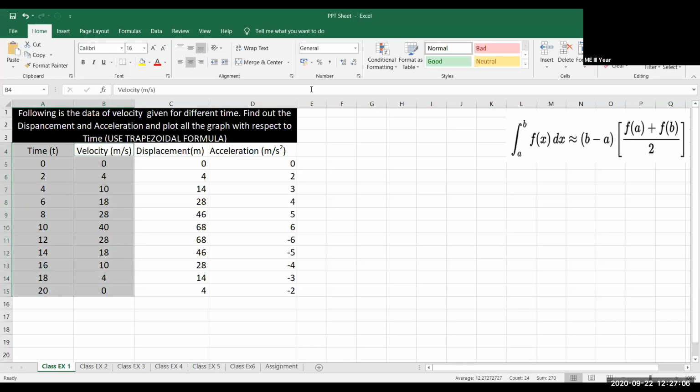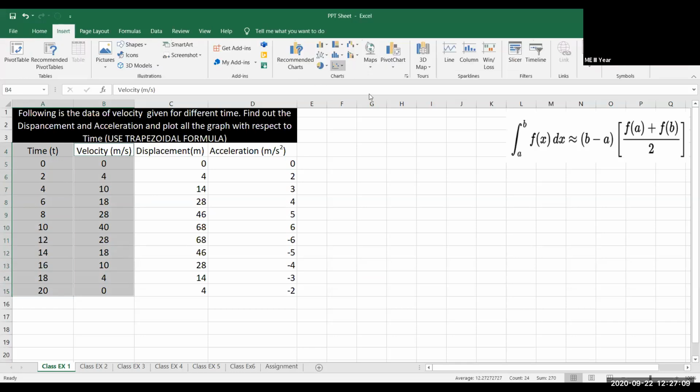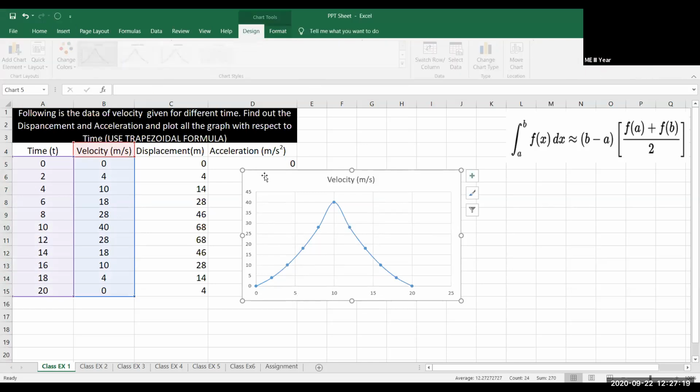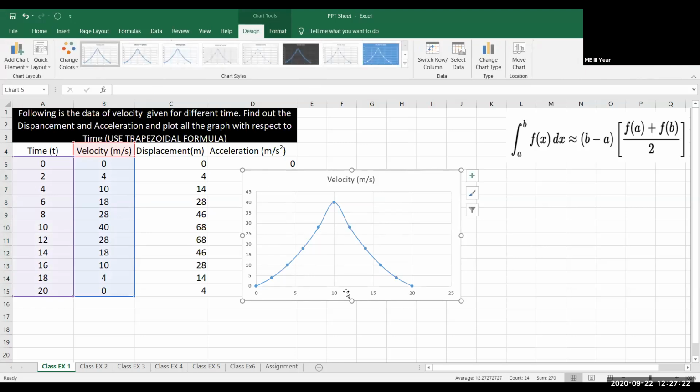Go to insert, then go to scatter. So here is our velocity time graph. This will be our velocity and this will be the time. You can enter the x label and the y label.